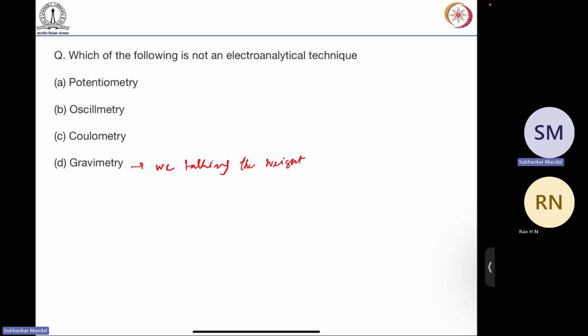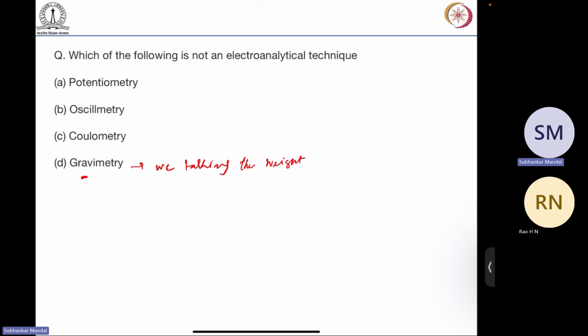The name oscillometry is a little fancy, and we are not so familiar with it, so it feels like maybe this is the answer. But in gravimetry you use a weighing balance: you take some chemicals, put them on the weighing balance, and take the weight. So in that case it is not an electroanalytical technique.